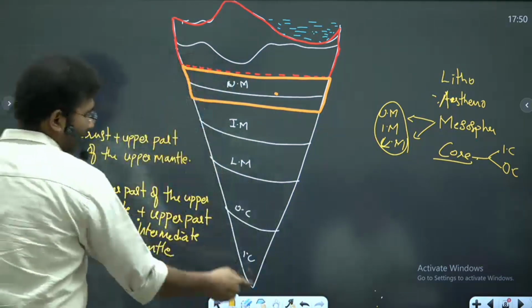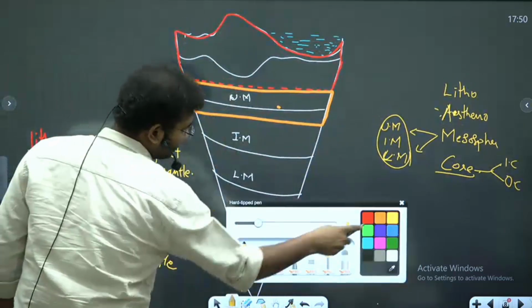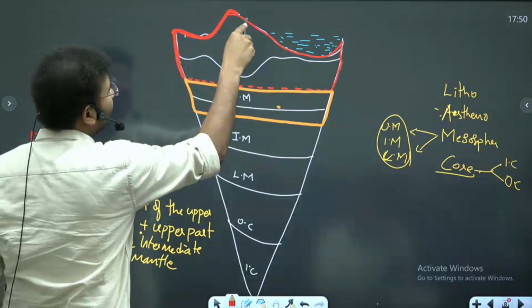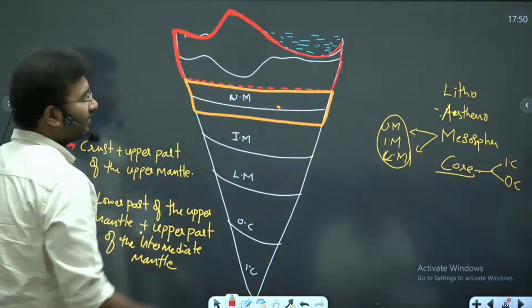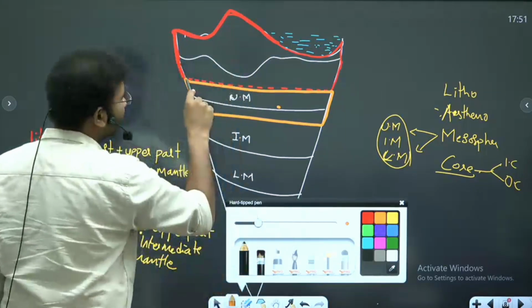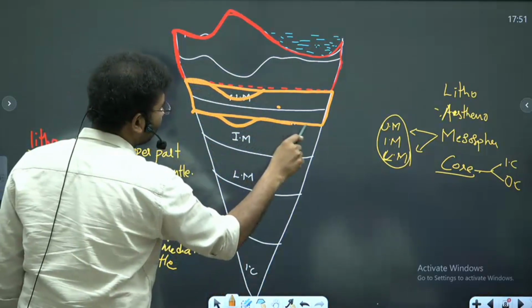Now see, look at this asthenosphere. It is having this kind of characters. Look here. There is too much of weight here. These are mountains. And your asthenosphere will also bend like this. If there are mountains here, your asthenosphere will also bend like this.